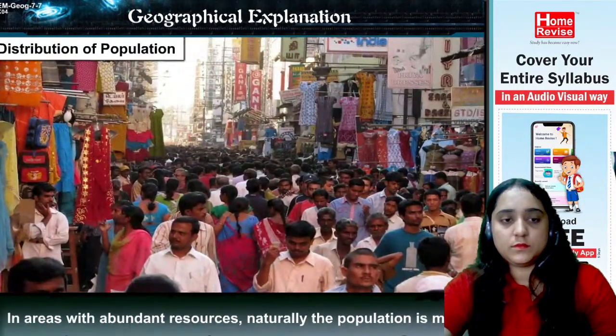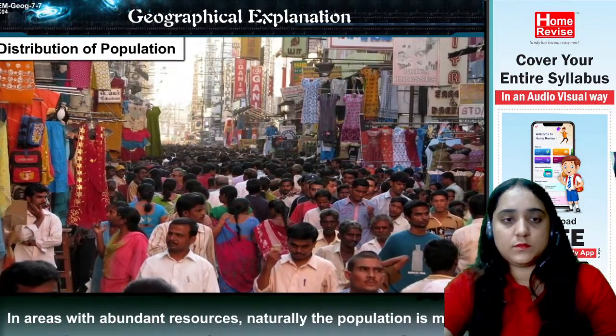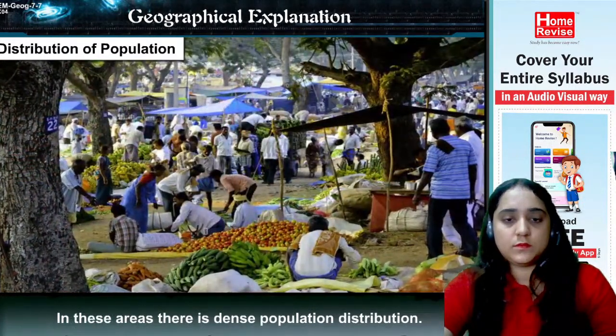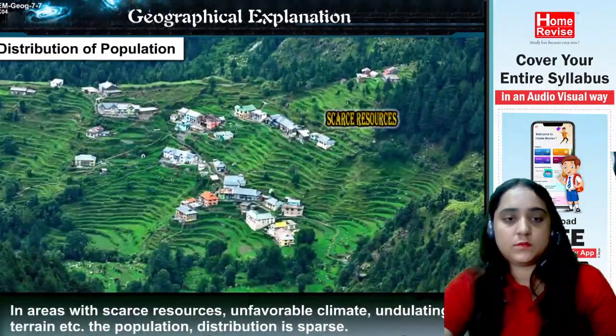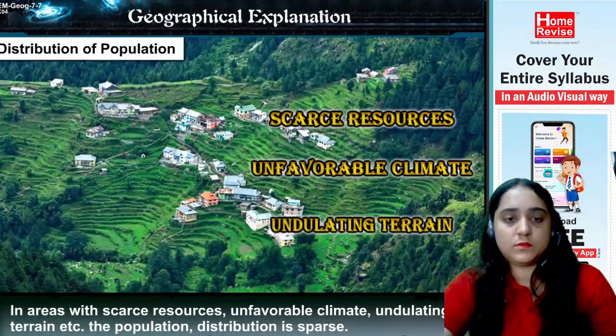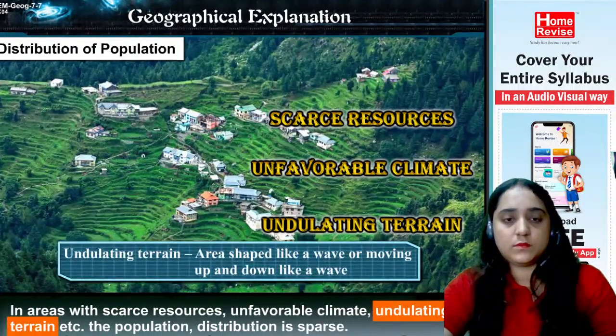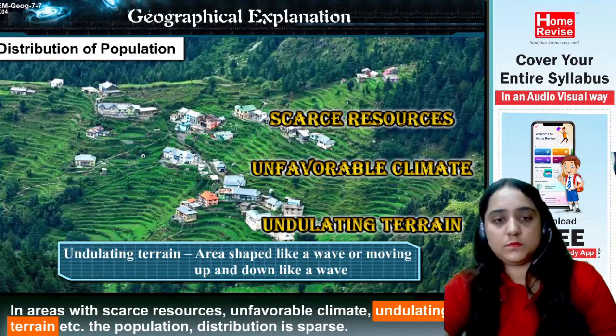In areas with abundant resources, naturally the population is more. In these areas, there is dense population distribution. In areas with scarce resources, unfavorable climate, undulating terrain, etc., the population distribution is sparse. Undulating terrain, that is an area shaped like a wave or moving up and down like a wave.